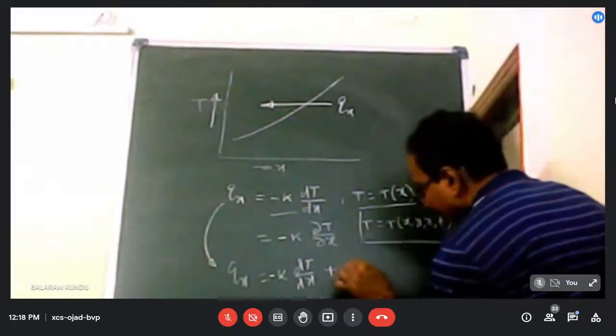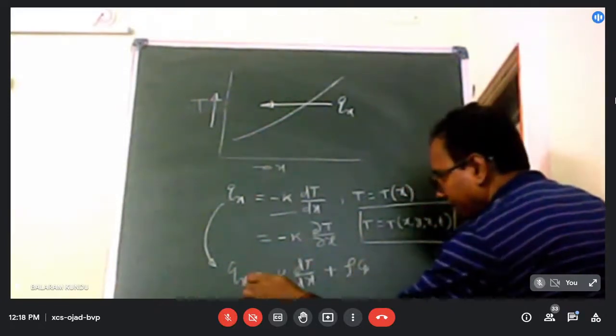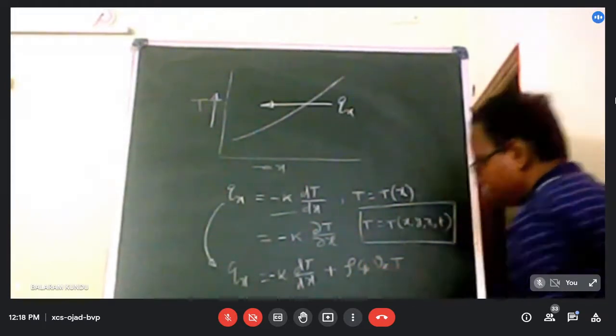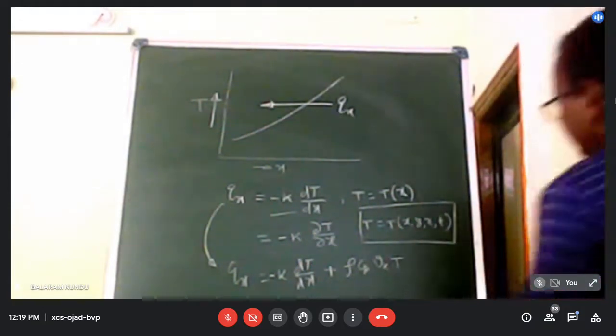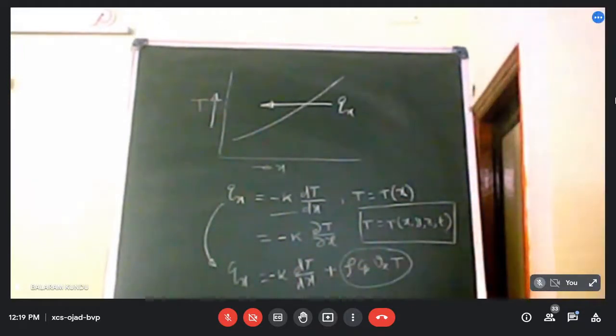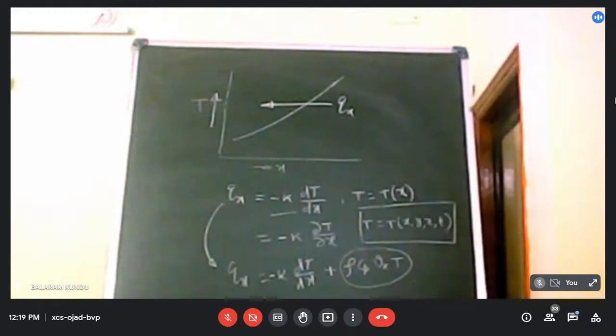That flux is rho into Cp into the velocity in the x direction, say Vx, and temperature T. So the flux is rho Cp Vx T. This flux is called the enthalpy flux or convective flux, and it has come due to motion of the solid. Here Vx is the solid velocity in the x direction, T is the local temperature, and rho Cp is the heat capacity.